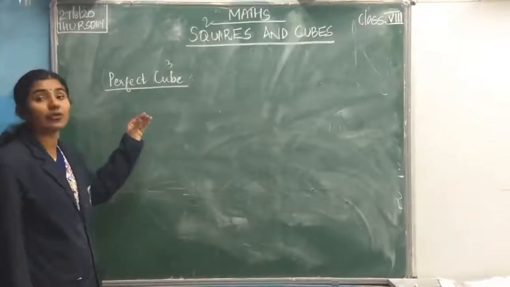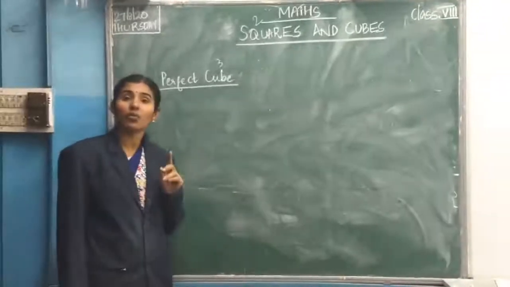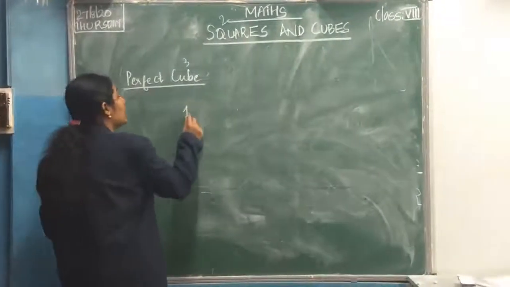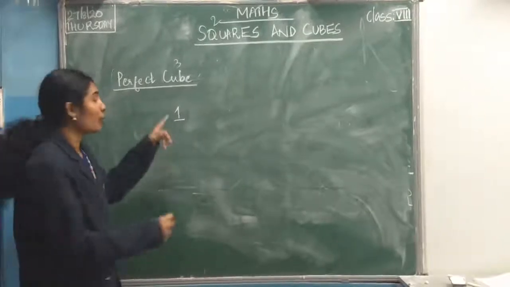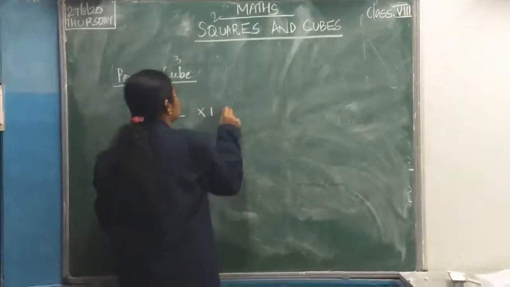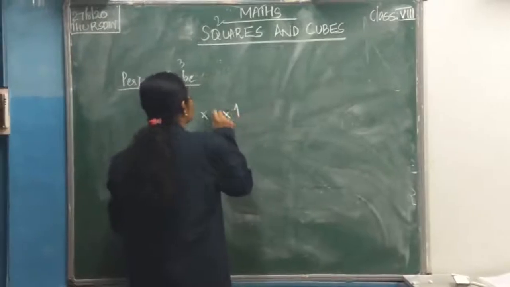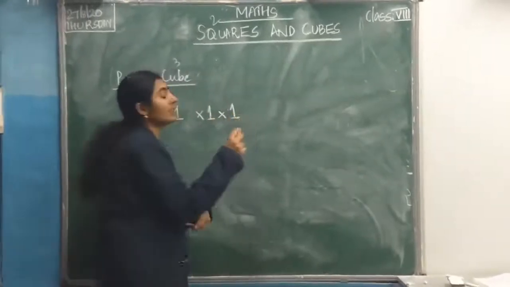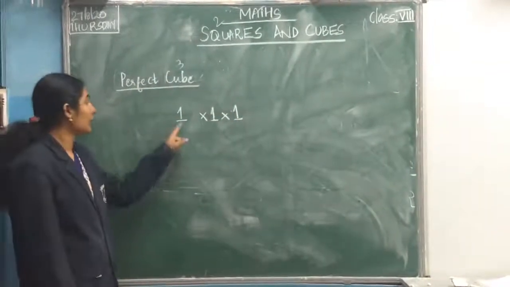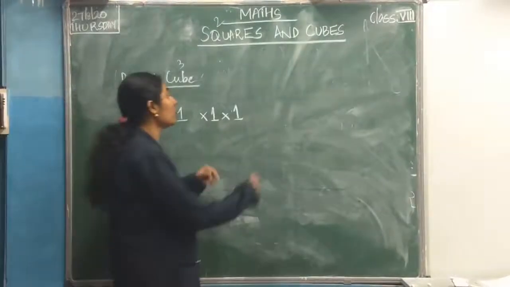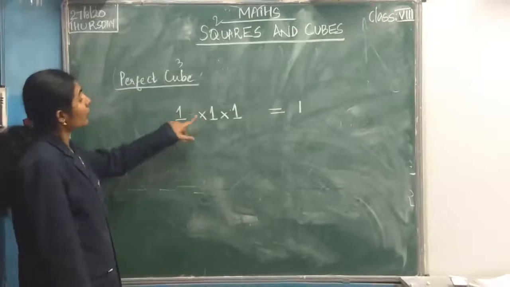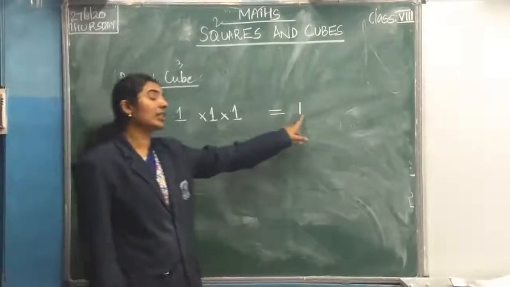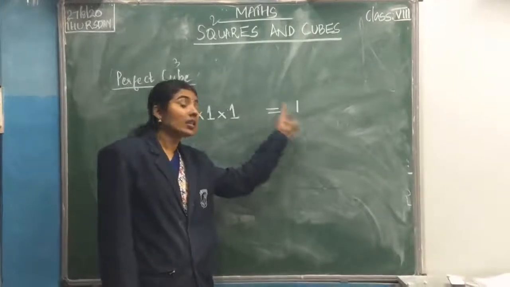We will start from the number 1. What is the cube of 1? 1 multiplied 3 times: 1 one is 1, 1 one is 1. So when you multiply 1 three times, you get 1.